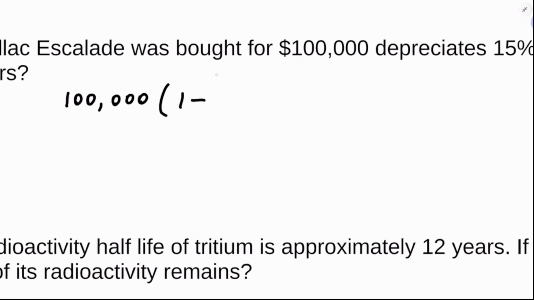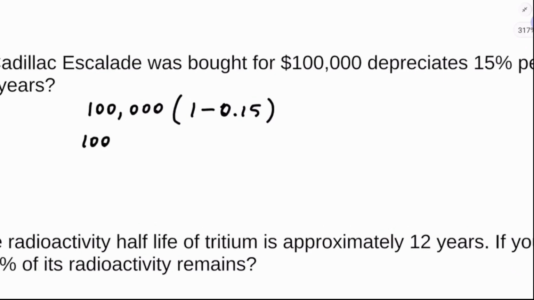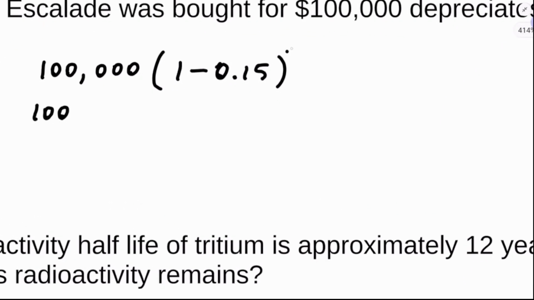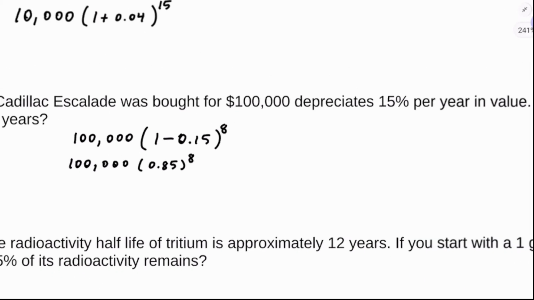So 15% is 0.15. So 1 minus 15 cents would be 85 cents. Oh, whoops, and I need to take this to some kind of power. How many years? After 8 years, so it's going to be to the 8th power. So that's 100,000 times 0.85 to the 8th power.